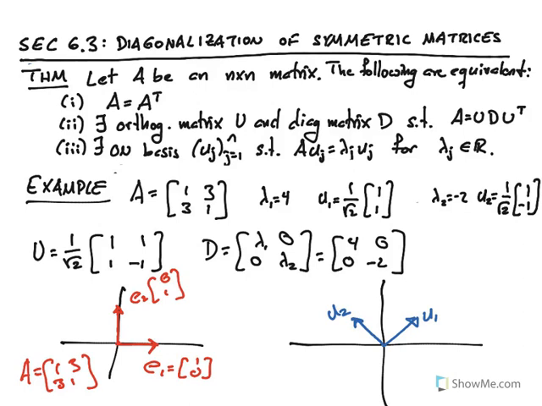Or actually I did U2 a little differently. My U2 goes like that, doesn't it? Because in this representation, if you use these bases, then the linear map has D as its coefficient matrix. Okay, so this is very nice. So basically when you're working with a symmetric matrix, it's sometimes very convenient to use its eigenvectors as your basis.